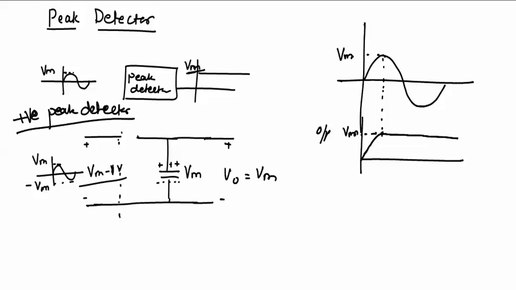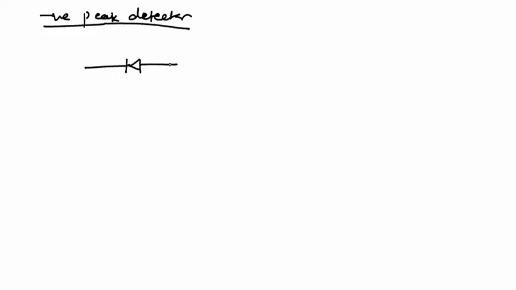The negative peak detector circuit is also similar. In the negative peak detector, the polarity of the diode is changed.